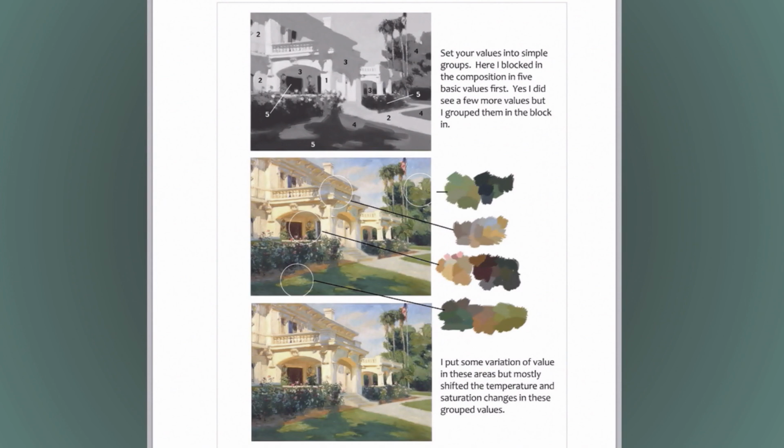Are these zones subject dependent, or are they overall? In terms of your composition, it would be overall composition. So if I had a person standing on the front steps out there, and their skin or their dress, let's just say their dress was the same value grouping as the building in shadow. Okay, that would be a number 3.